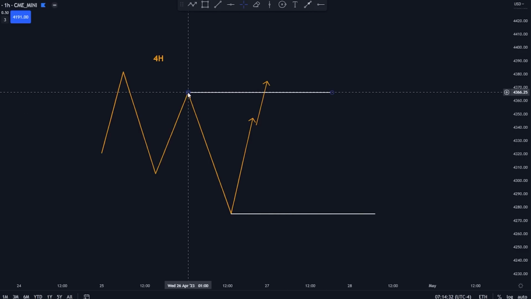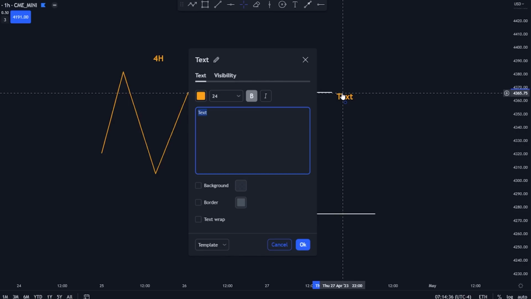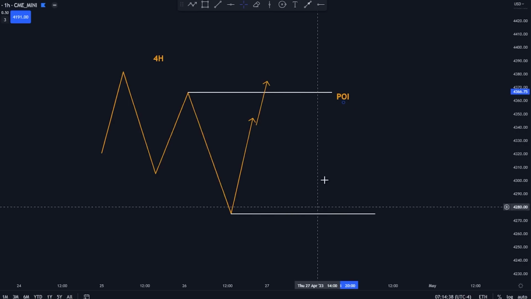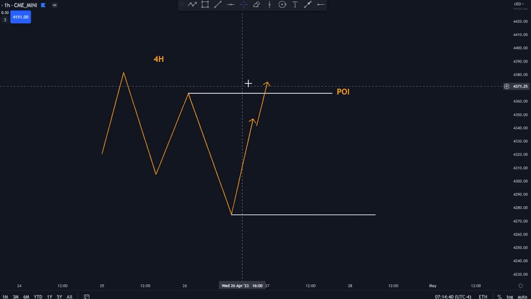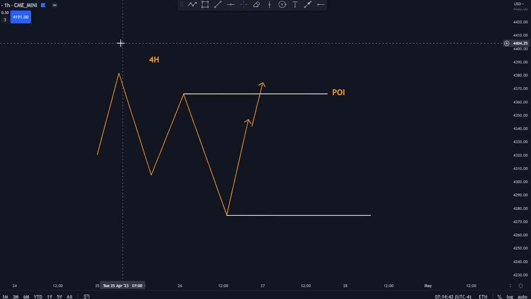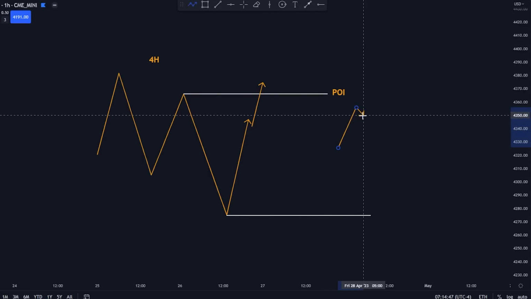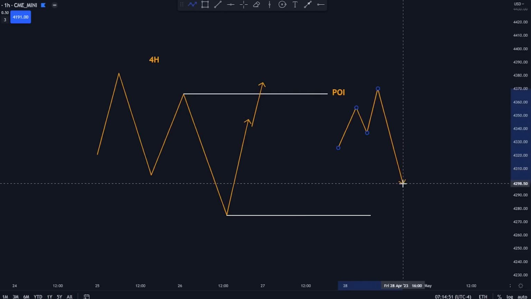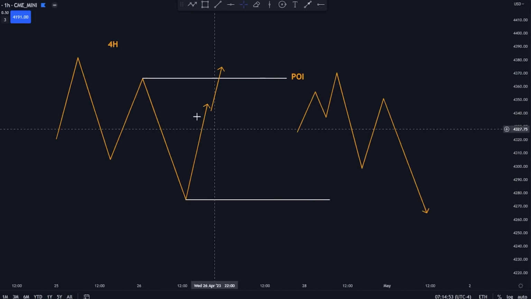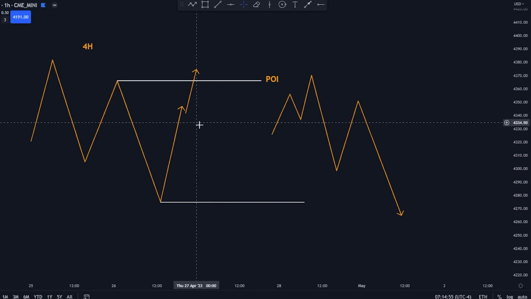So you want to wait for this level to be reached, which is our point of interest. Okay. Once we reach this level, I go to the 1-minute chart and I'm looking for anything that would tell me that this price is going to reverse back down.